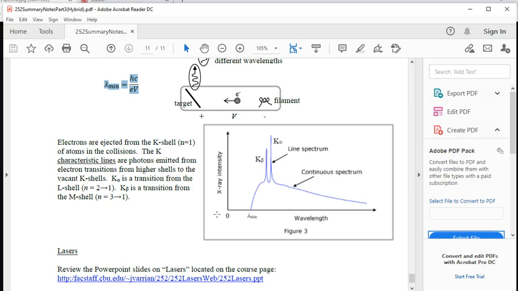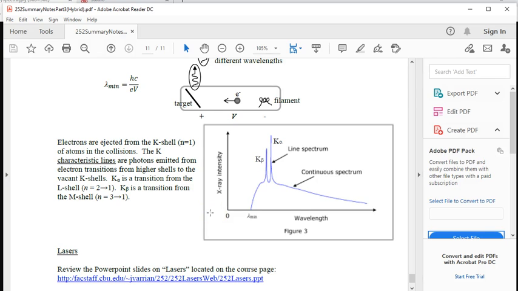If the transition is from an n equals 2 electron, a so-called L shell electron, that gives the K alpha photons. And from the higher n equals 3 shell, an M shell electron, down to the n equals 1 vacant state, that gives rise to the K beta.